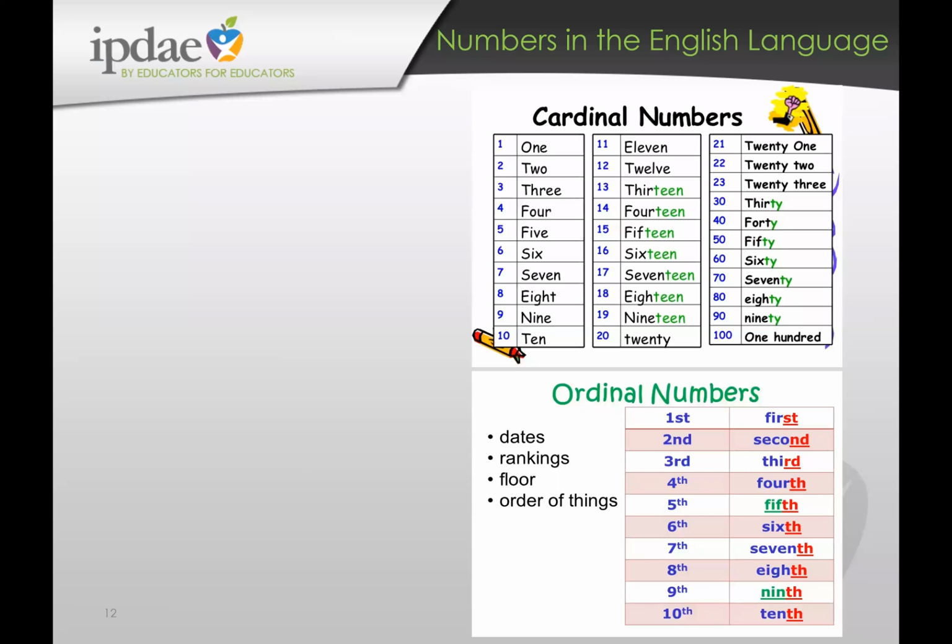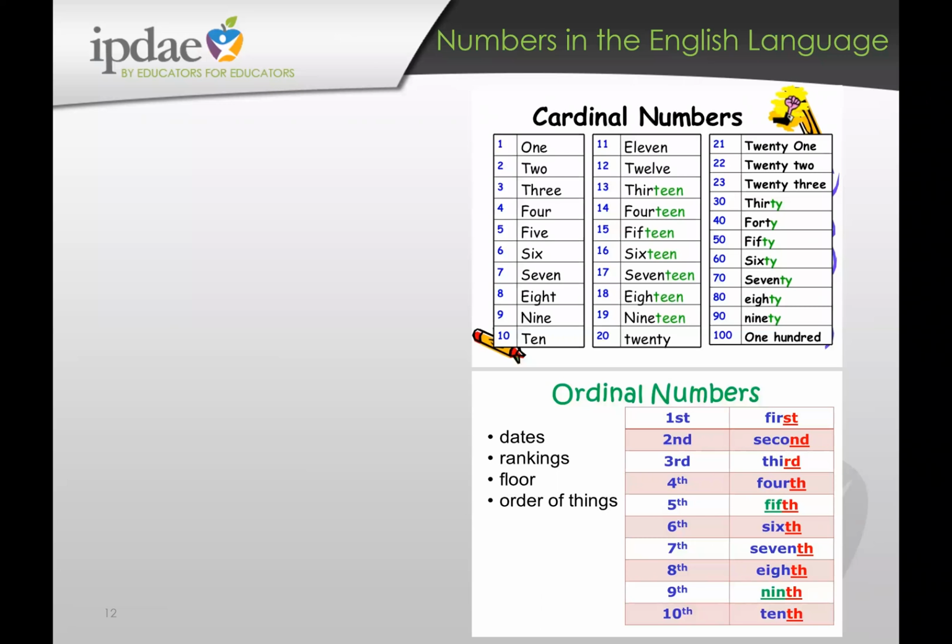Or if we're giving instructions, very, very important, our students will not be able to perform tasks if we're not able to list instructions in order. So, for example, I'd like for you first to write your name on your paper. Second, I'd like for you to write your address. So already using ordinal numbers just when communicating instructions with your students.